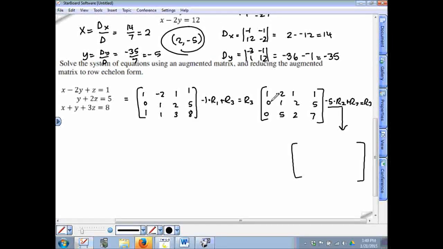Negative 5 times row 2 makes negative 5 times 0, which is 0. 0 plus 0 is 0. Negative 5 times 1 is negative 5, plus 5 is 0. Negative 5 times 2 is negative 10, plus 2 is negative 8. Negative 5 times 5 is negative 25.